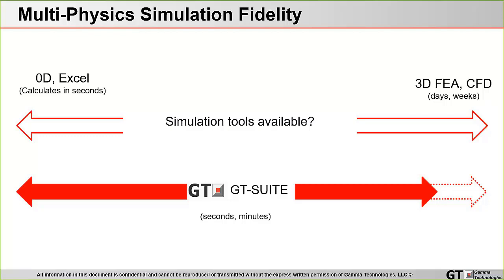But we also have a blend or fusion, if you will, of 3D capabilities as well, and we're going to talk to some of those points later today. But in terms of how GT Suite slots in the realm of CAE simulation for aerospace systems, it really can span both ends of the spectrum.